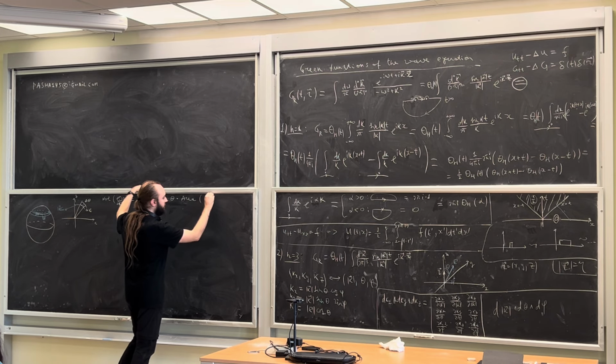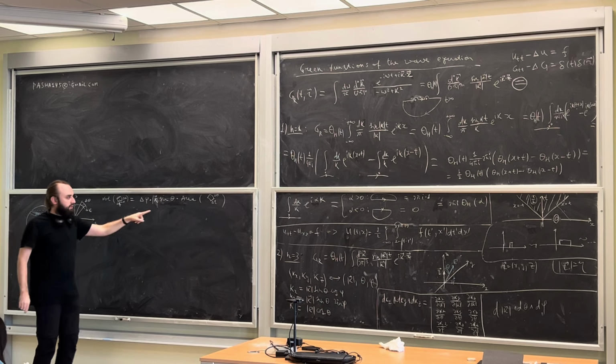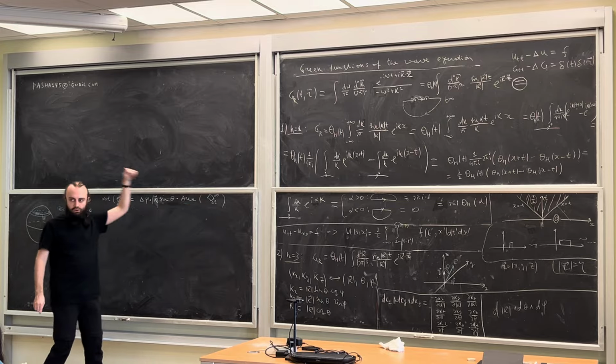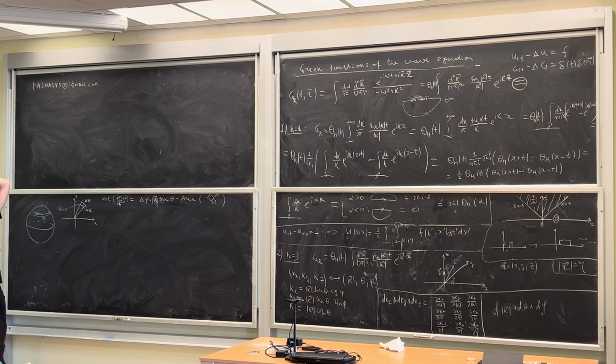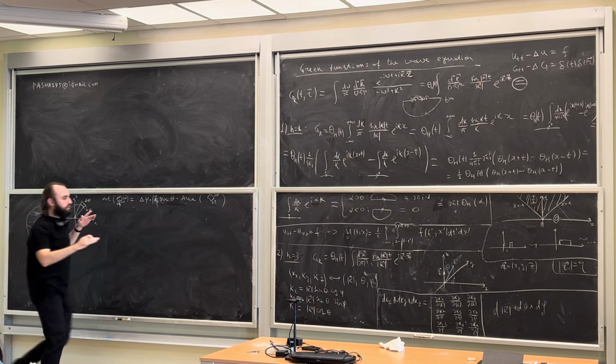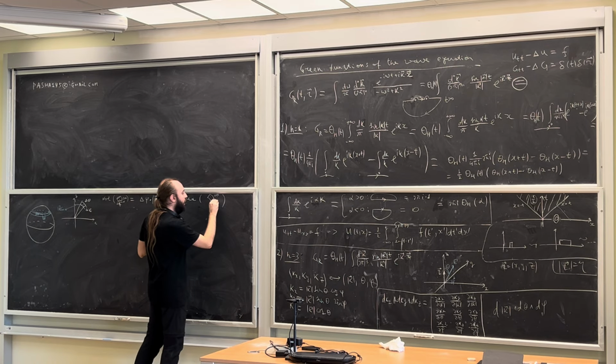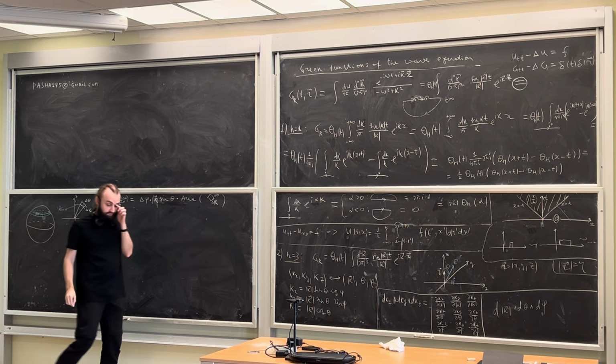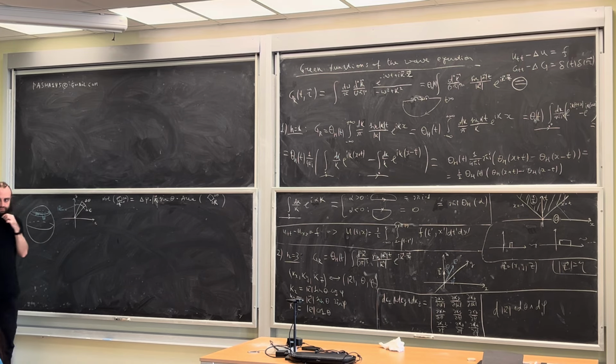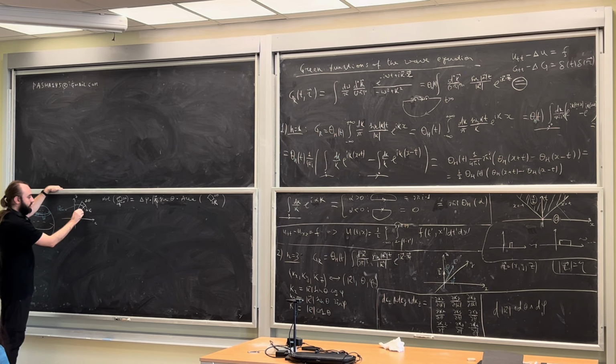Area of this piece. And what does this equal to? So delta k. And this equals to absolute value of k, of course.